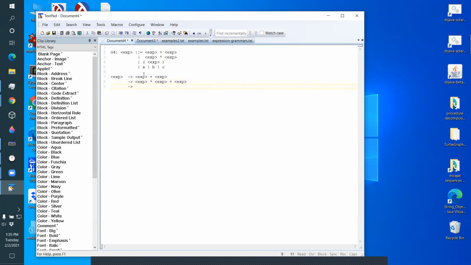I'll say exp can be either this, this, this, or one of these letters. So I'll expand it to the letter A. I'll skip a few steps. I'll expand this one to the letter A, and I'll expand this one to the letter A. Okay. All right.